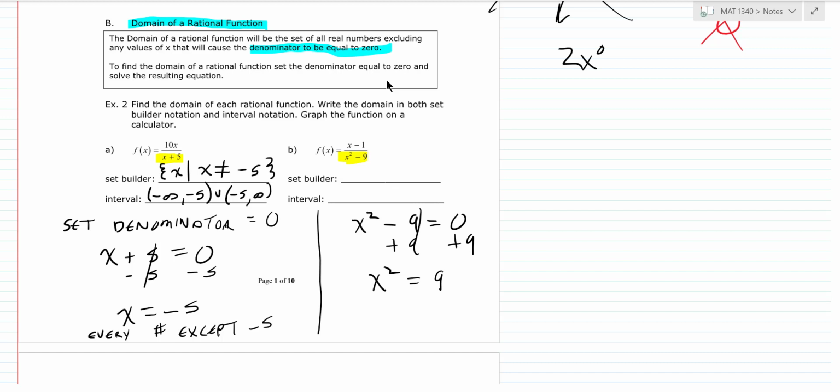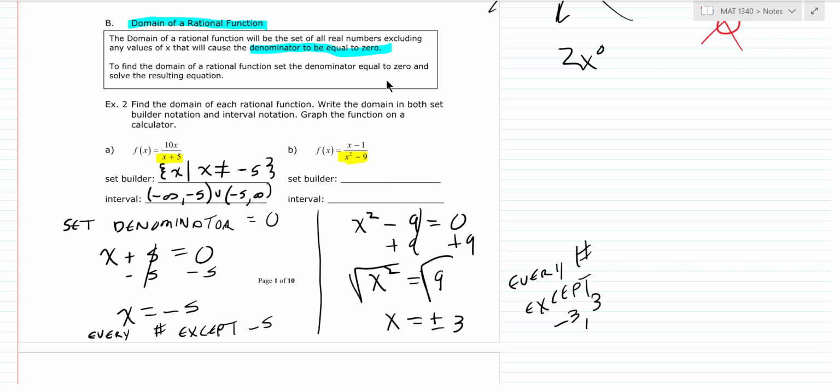And remember, like we learned way back at the beginning of the semester, every time you take the square root of both sides, don't forget that you're going to have a plus or minus answer. Square root of 9 is 3. So basically, our domain would be every number except -3 and 3.